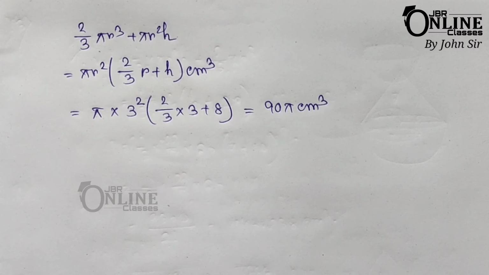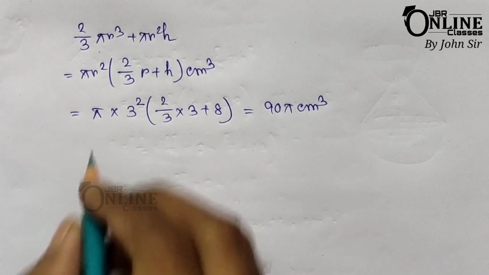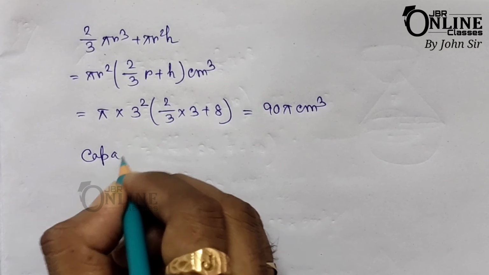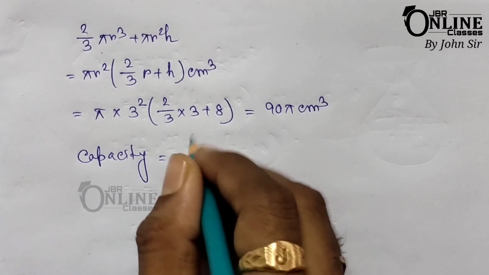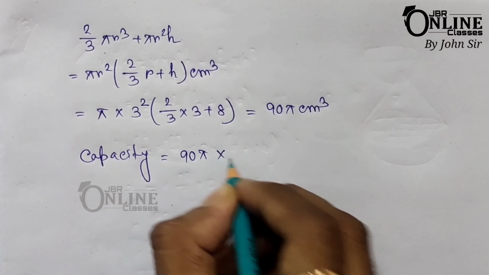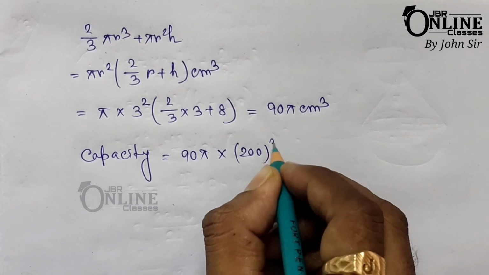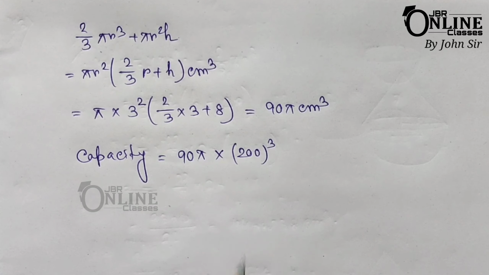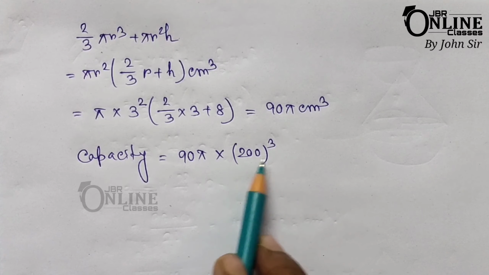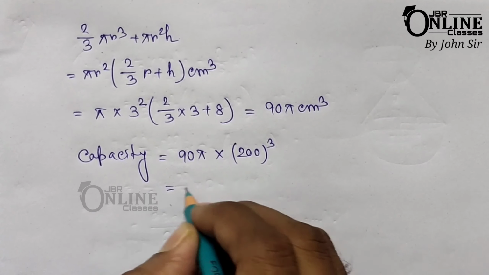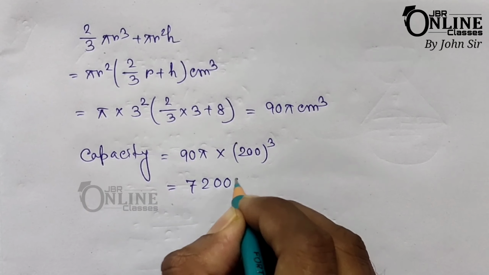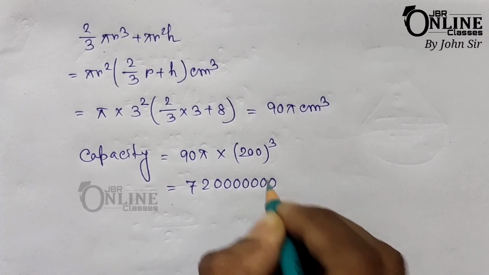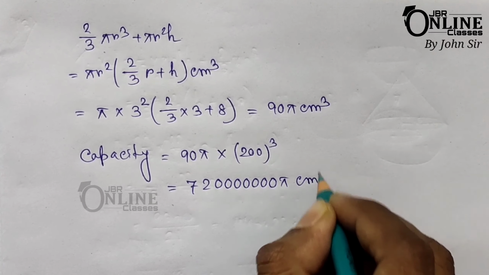Okay, now you have to change it into pi liters. So here capacity equals 90 pi into 200 cube, as the figure is drawn in 1:200 ratio. So first you have to multiply 90 pi into 200 cube. So that becomes 72000000 pi centimeter cube.